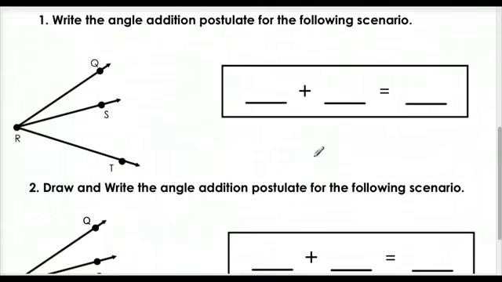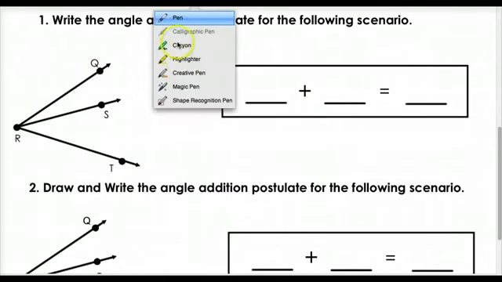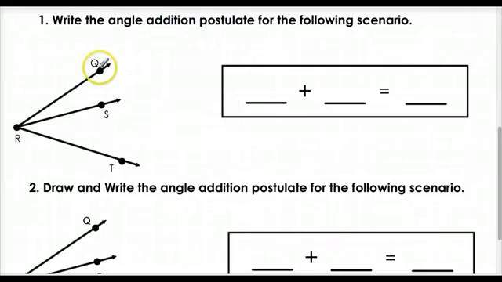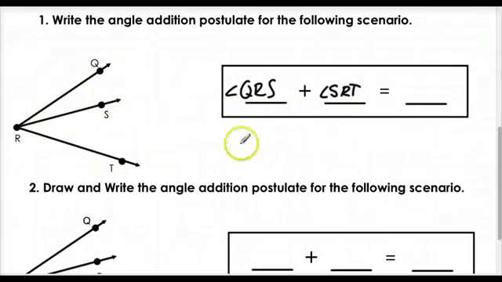Okay, so let's write the angle addition postulate for this set of angles right here. So what we have is angle QRS plus angle SRT is equal to the bigger angle, QRT.